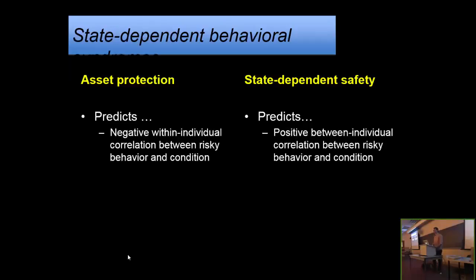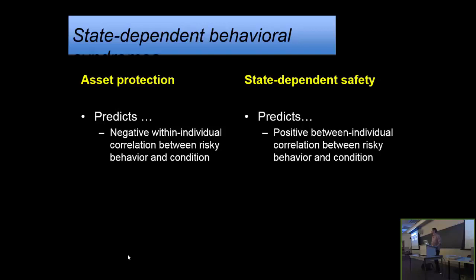But we also see that there are predictions that asset protection, if these dynamics are at play in the system, would predict a negative within individual correlation, because those individuals are changing back and forth as their condition goes up and down, whereas state-dependent safety would predict positive between individual correlations between risky behavior and condition.